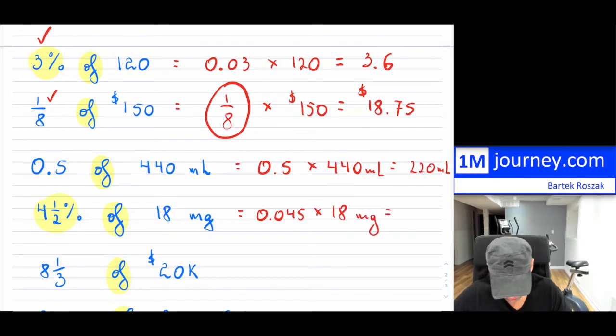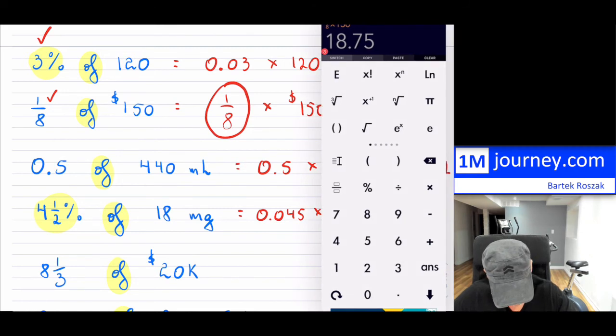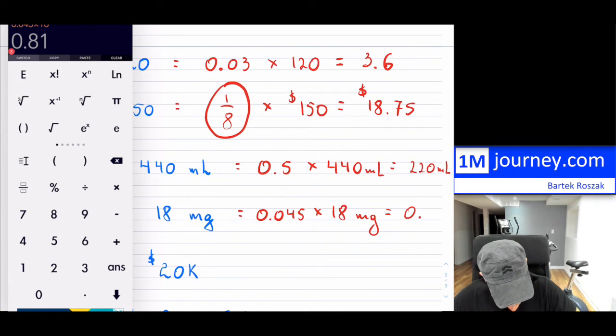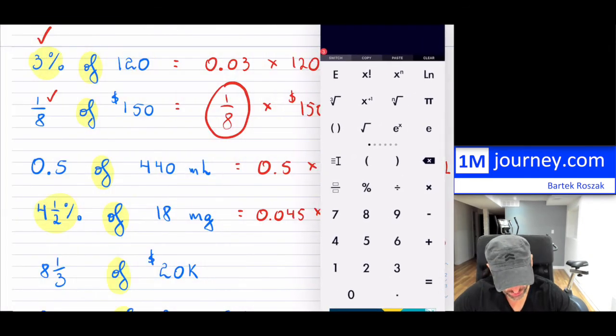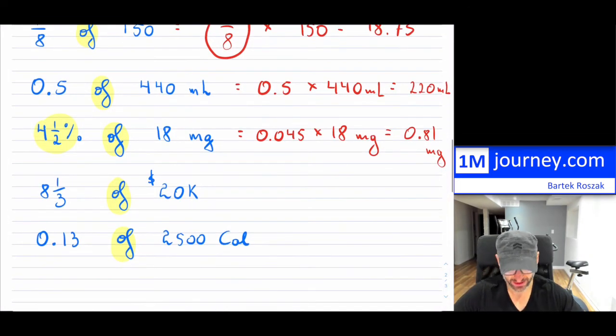I don't know, maybe this is some medication. So this is 0.045 multiplied by 18, and that equals 0.81 milligrams. Again, if they tell you to round, you certainly can round to whatever it is that they need.